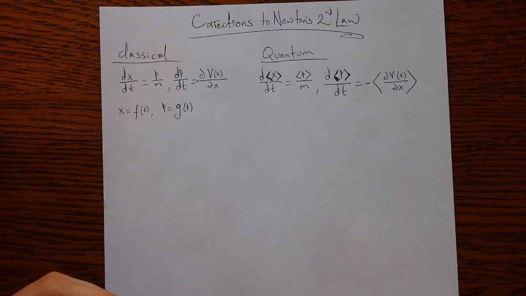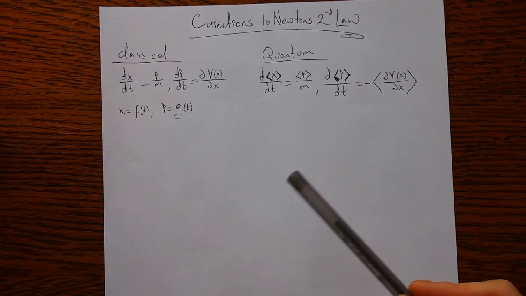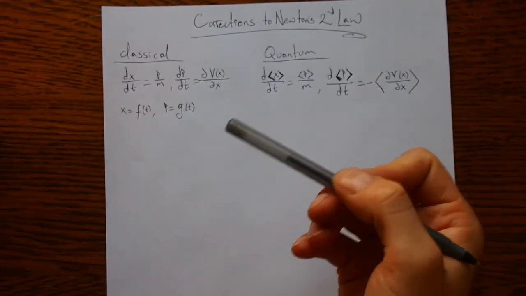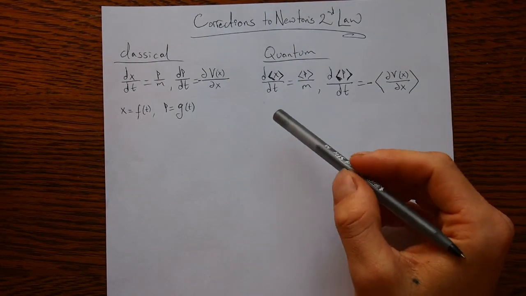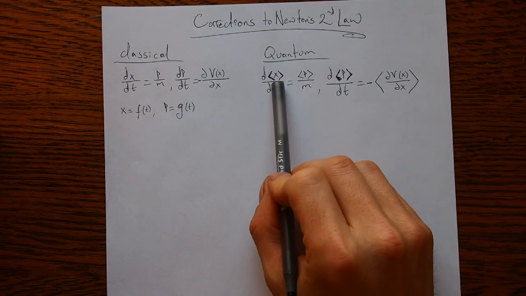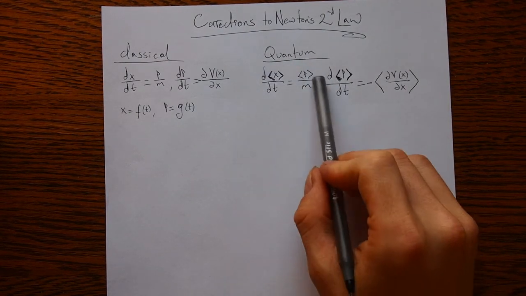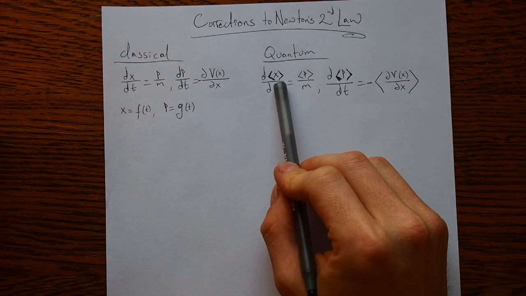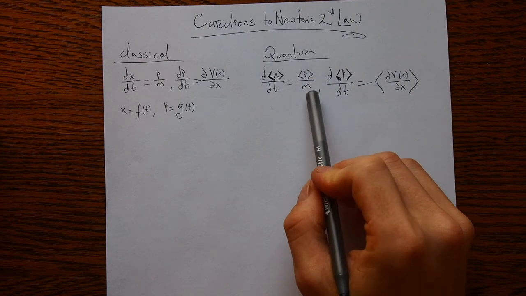Now what's interesting is that we get analogies to this in quantum mechanics. It's meaningless to talk about the position of a particle quantum mechanically, but we do often talk about the expectation value, or the expected value, of the position. And lo and behold, the time derivative of the expected value of the position is equal to the expected value of the momentum over m.